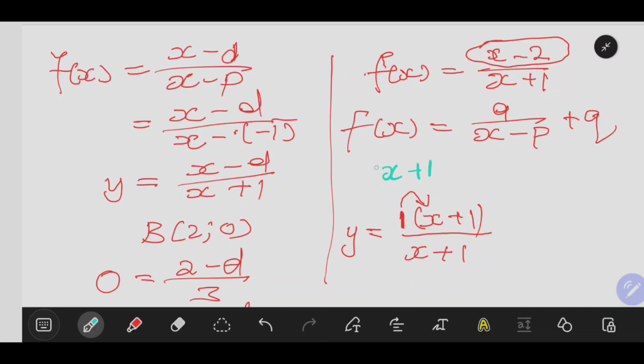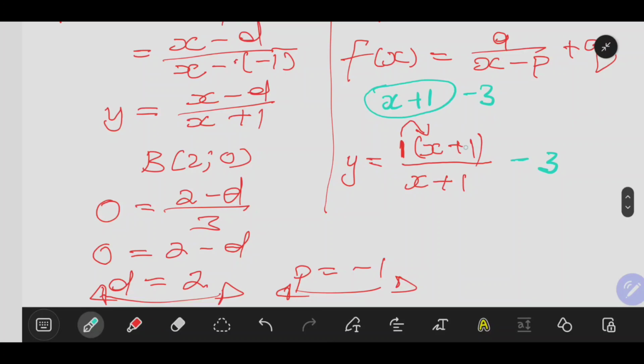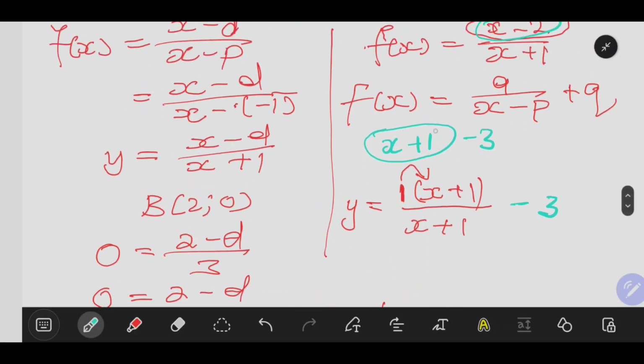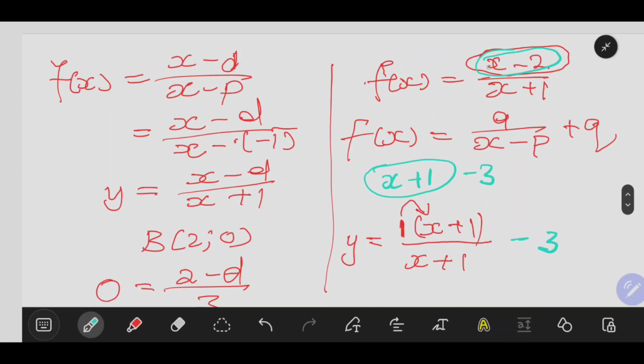But you can see that this is not equivalent to this one. So in order for us to have x minus 2, we have to subtract 3 here, because if we subtract 3, we get x minus 2. So this equation needs us to subtract 3, so that the numerator is equal to this one.